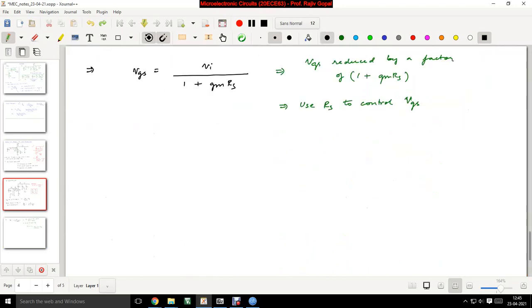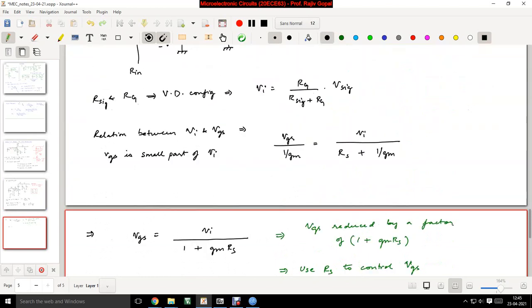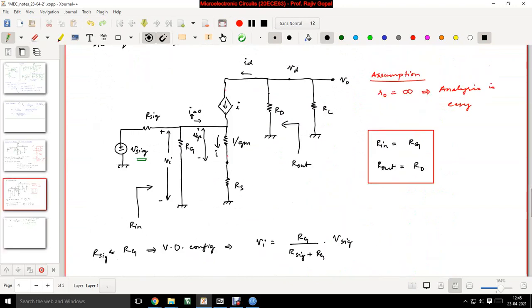ID is equal to I, which is equal to the potential drop across this point and this point. That is nothing but Vi. So Vi divided by (1 by Gm plus Rs) should give me I, which in turn is nothing but ID.